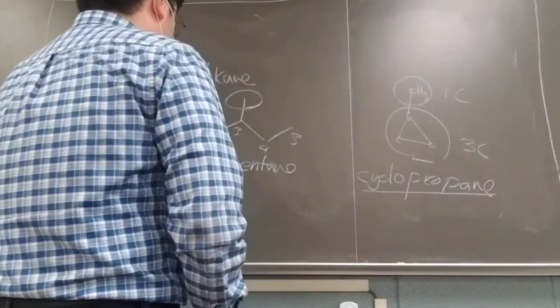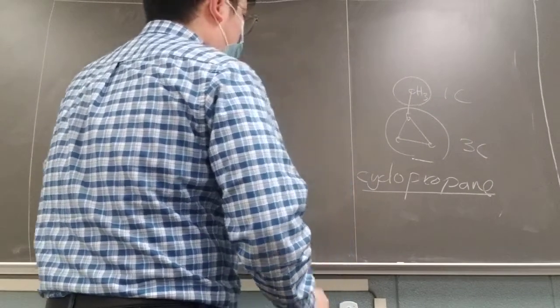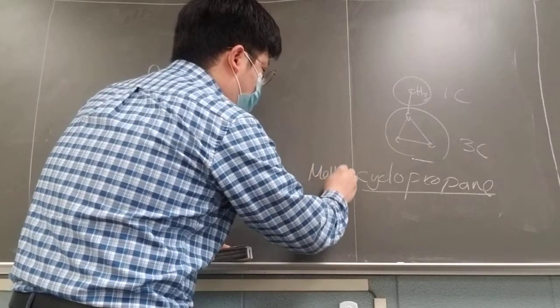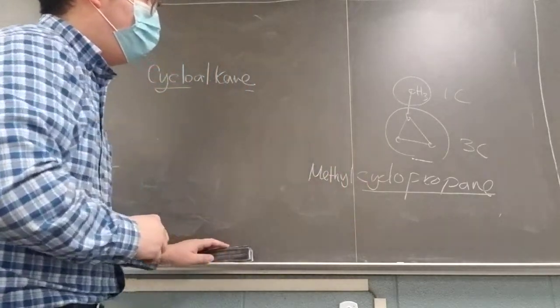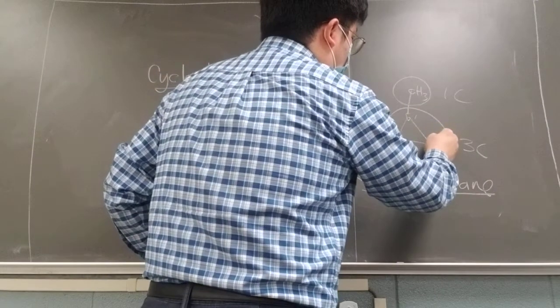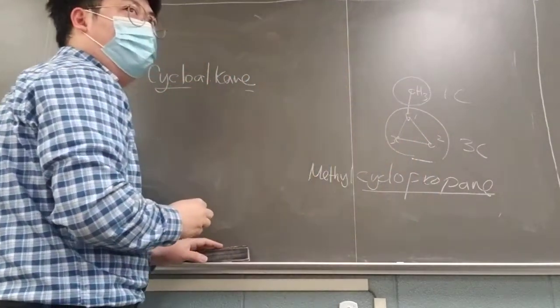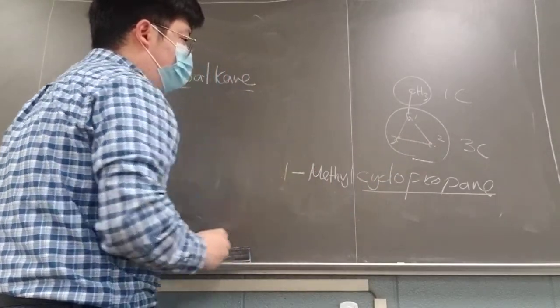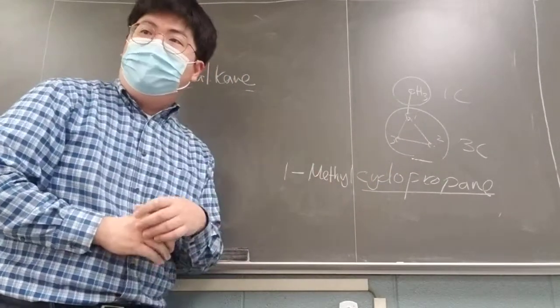So what I'm gonna do is methyl cyclopropane here, and then maybe you can count the carbon 1, 2, 3 here. Okay, maybe 1, 2, 3 over here. So you can have 1-methylcyclopropane.